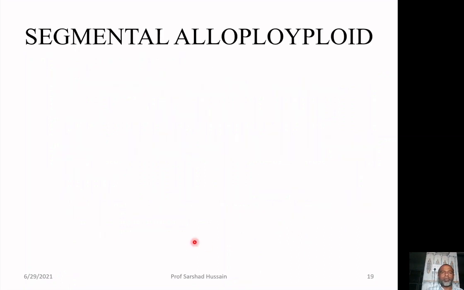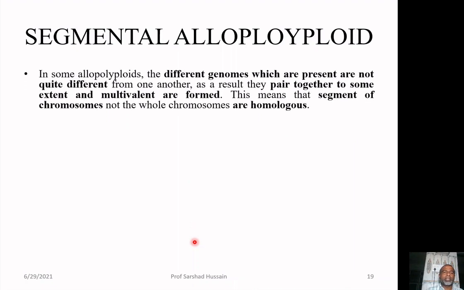Then the third type of polyploid is segmental allopolyploid. Segmental allopolyploid means sometimes when two different species cross with each other and the F1 hybrid is formed, it was found that the F1 hybrid was viable only because the chromosomes from two different species were not totally different.